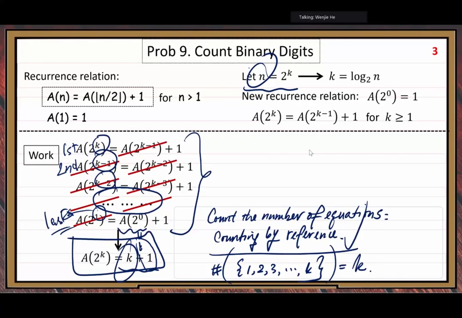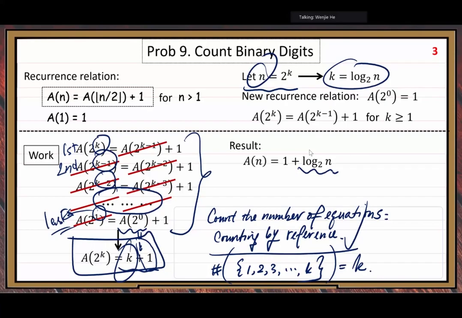So we need to go back to the n expression from the k expression. So when we get back to the n expression, capital A of n, because 2 to the k equals n, we replace 2 to the k by n, and we need to replace k by log base 2 of n. Then 1 plus.